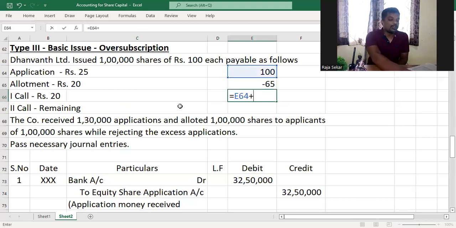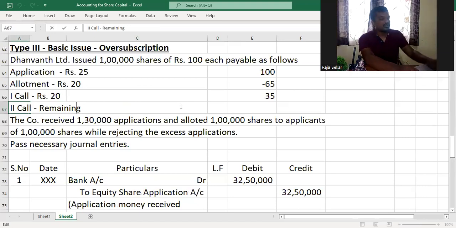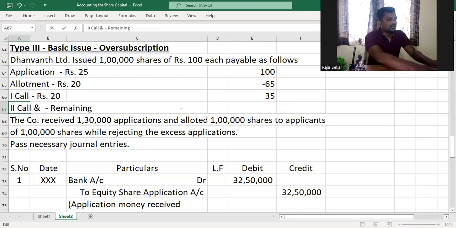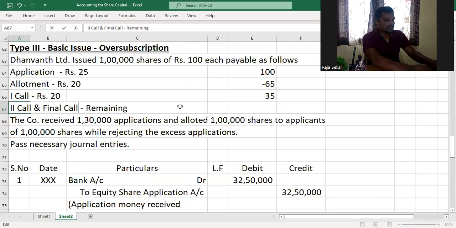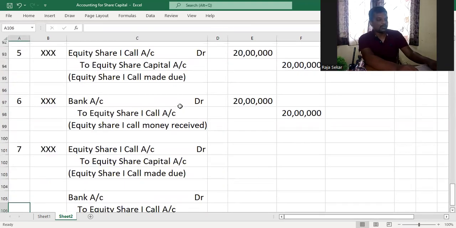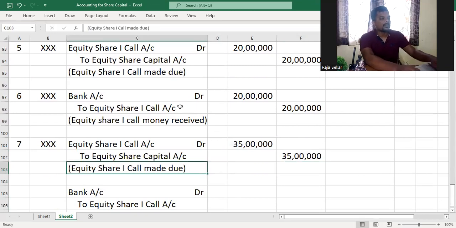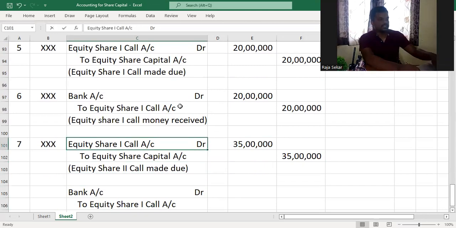A second call is a final call. We're supposed to be receiving the 35 rupees along with the second call. Understood, my dear children? So 35 rupees per share into number of shares allotted would give us the amount to be made due here. So 35 into 1 lakh is 35 lakhs. We made 35 lakhs due when we made the second call due.